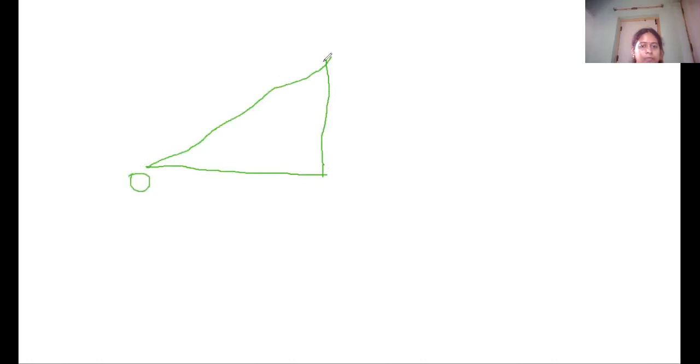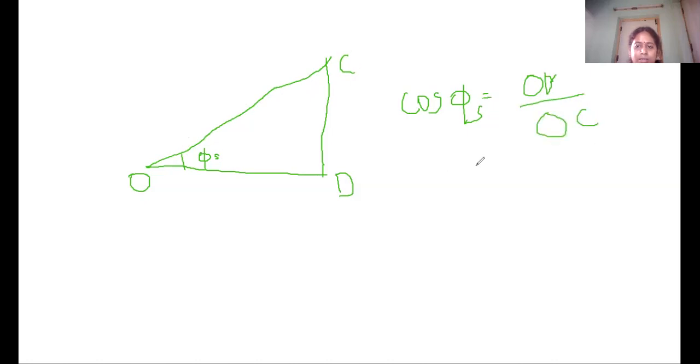Here is the angle OCD, the angle phi s. So cos phi s equals the adjacent side OD by the hypotenuse, which is OC.